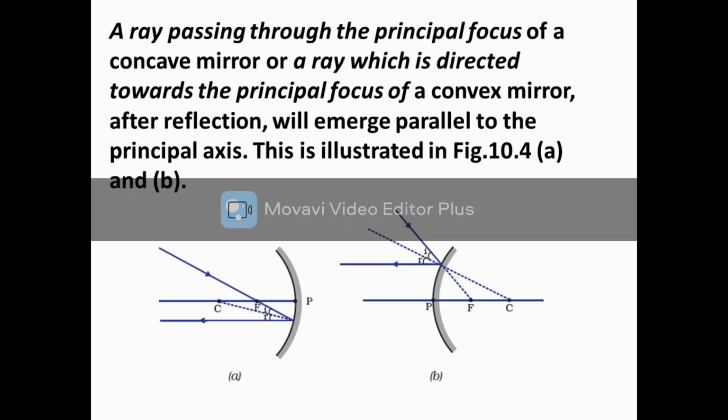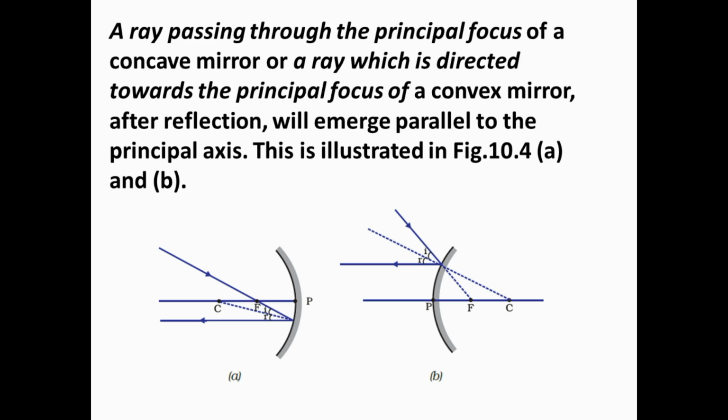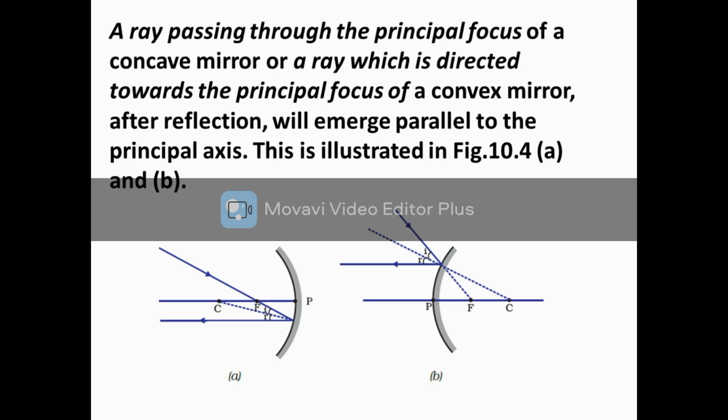So in case 2, the ray passes through the focus. Here you see in figure A, in the concave mirror, the ray travels through the focus. So now the incident ray hits the surface of the concave mirror. It is reflected. That time the reflected ray travels parallel to the principal axis.